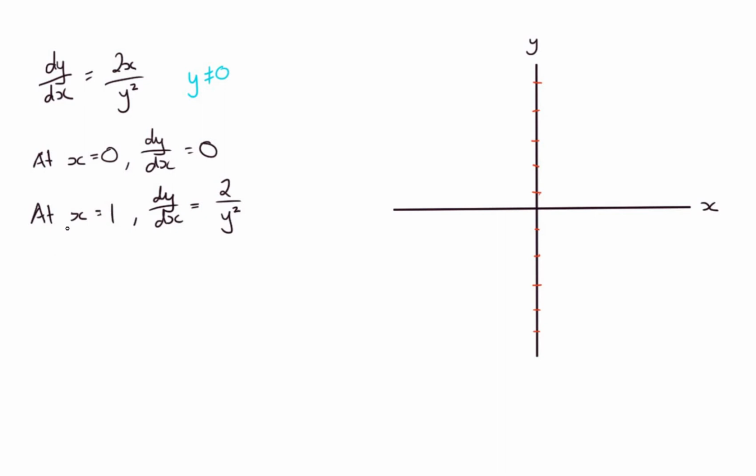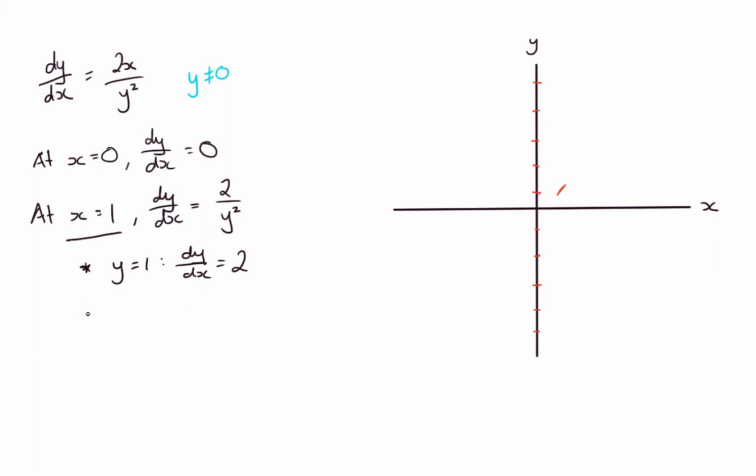So if we fix x equals 1 in place, and we just start to focus on different y values, let's have a look at what happens when y equals 1. Well, the derivative will be 2 over 1 squared, so that's 2. And so we can draw in our little gradient of 2 there.